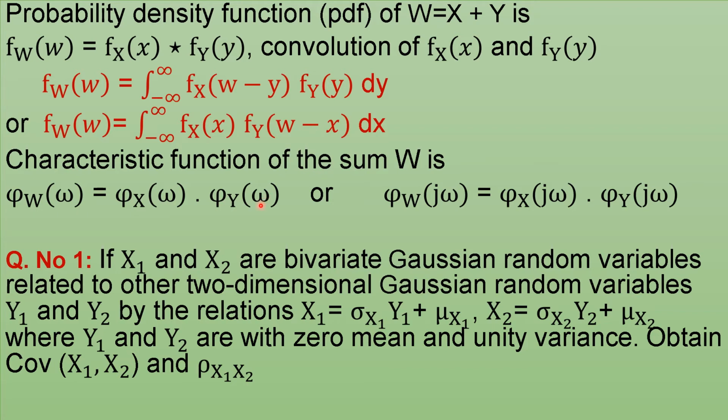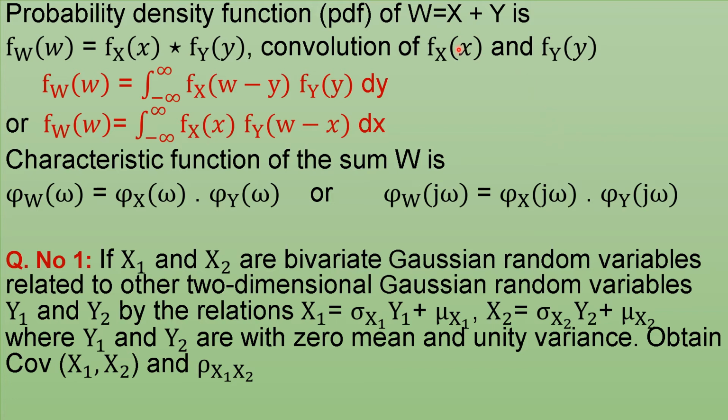Or if we take the notation for the characteristic function as phi W of j omega, then it is equal to the product of the characteristic functions of X and Y, phi X of j omega into phi Y of j omega.